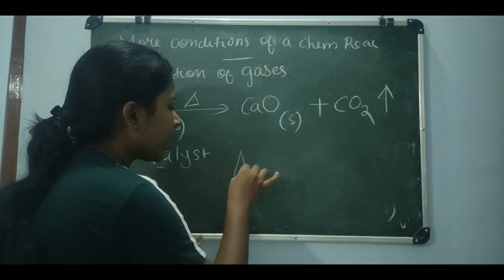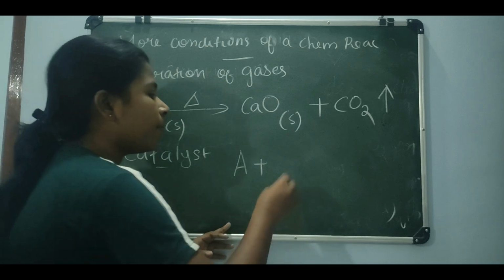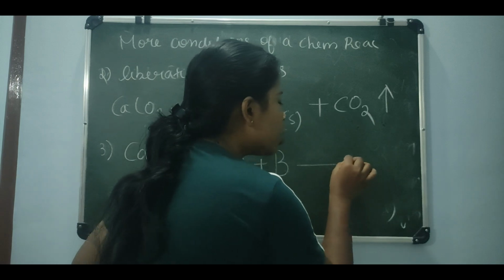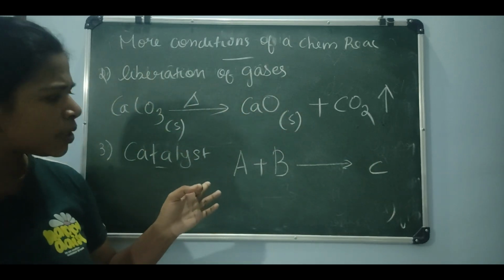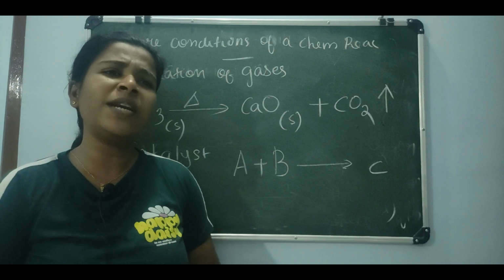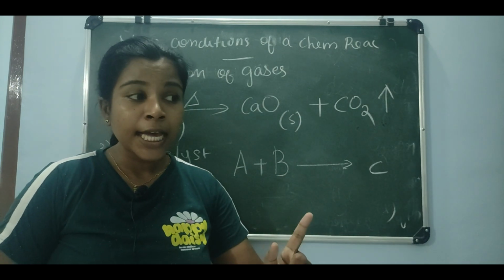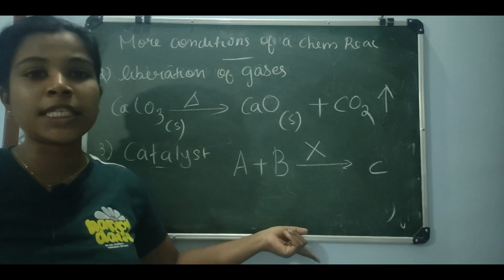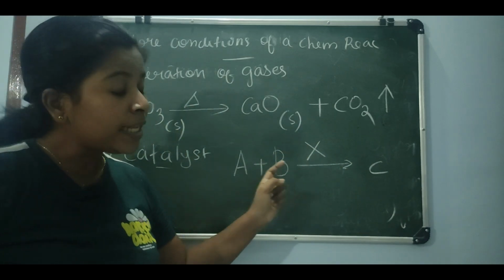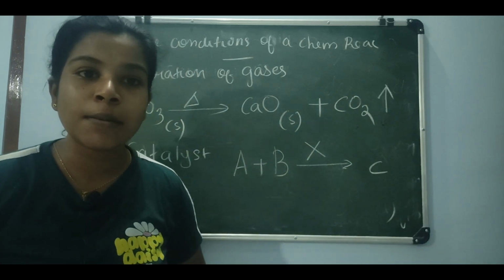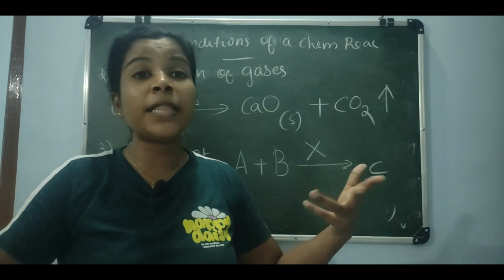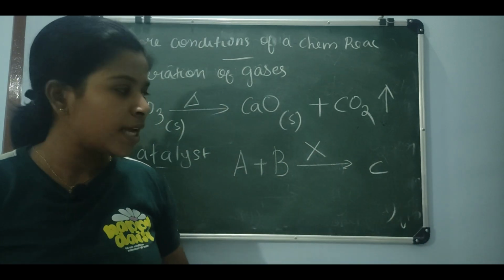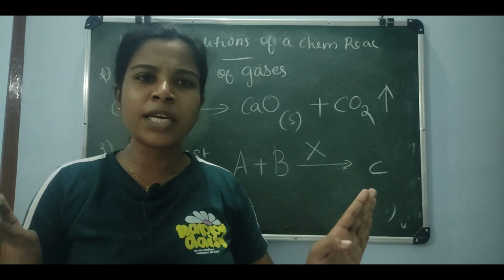Suppose a material A is combining with another element B to form C. Suppose this may be a very slow reaction. It will take a lot of time. And if I put another substance X, then this reaction becomes so fast. But the astonishing thing is that this X does not take part in the chemical reaction.